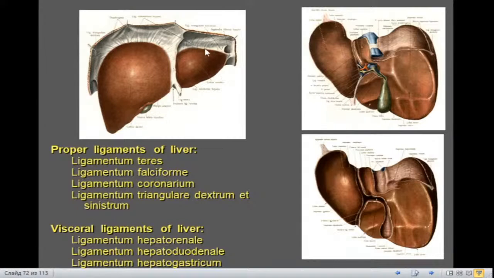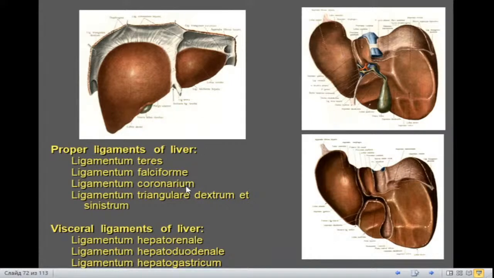For gross anatomy of the liver, you should also mention the ligaments of the liver, which are divided into proper and visceral, like duplications of the peritoneum. It's a very heavy organ and should be fixed reliably in the abdominal cavity in its upper right portion. Therefore, ligaments are very necessary.